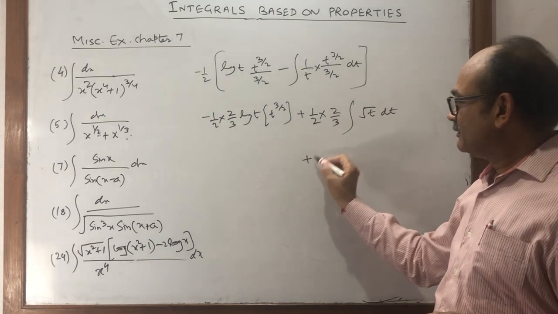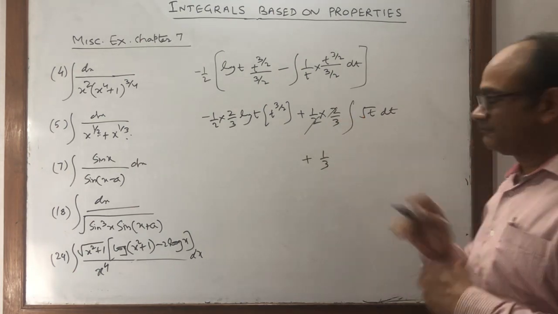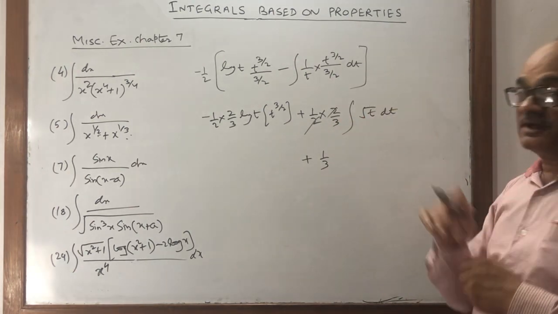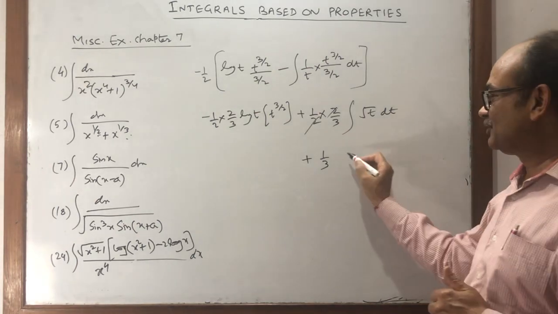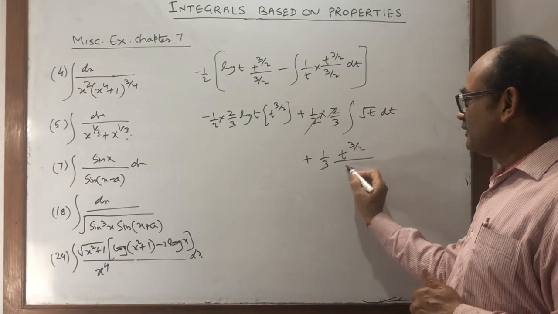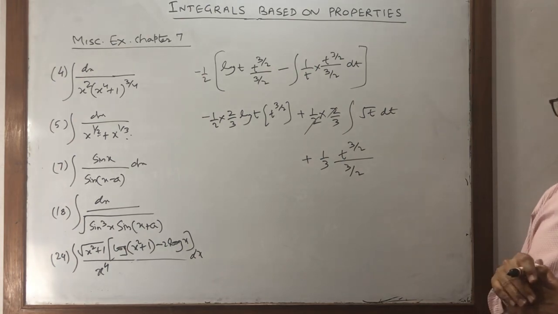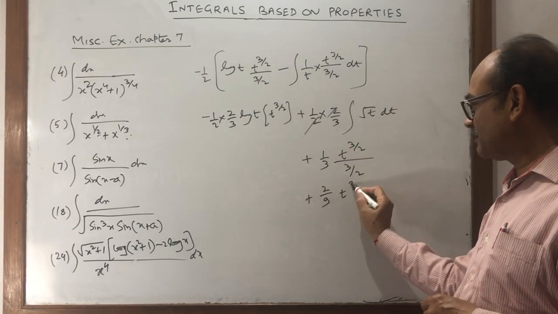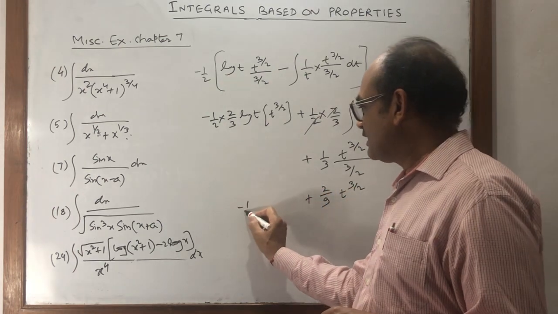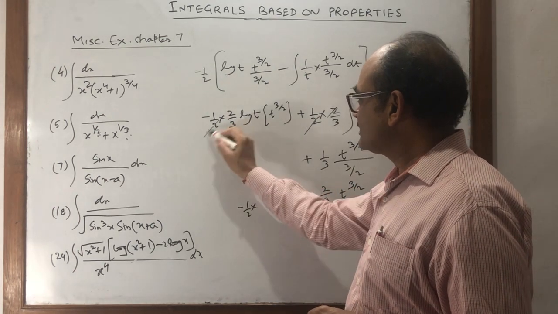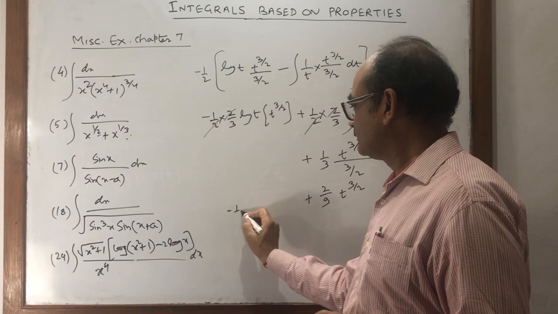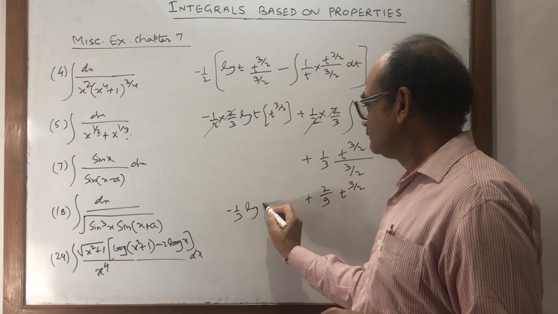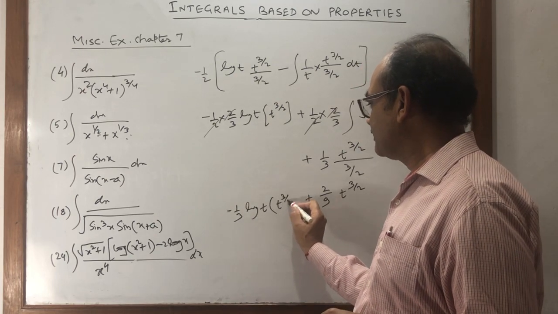Last answer 2 by 3, so 1 by 3. The integral of t to power half you know very well, t to power 3 by 2 upon 3 by 2. It will be 2 by 9 t to power 3 by 2, minus half cancels out, minus 1 by 3 log t and t to power 3 by 2.